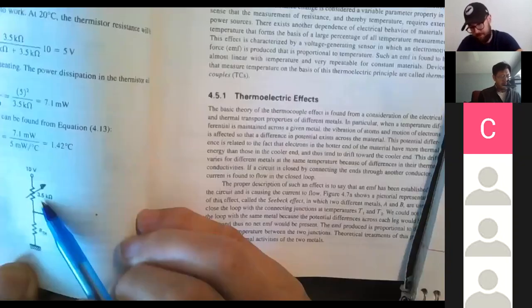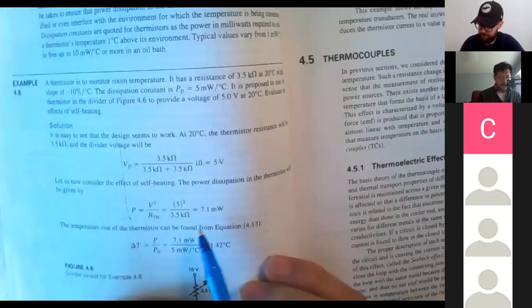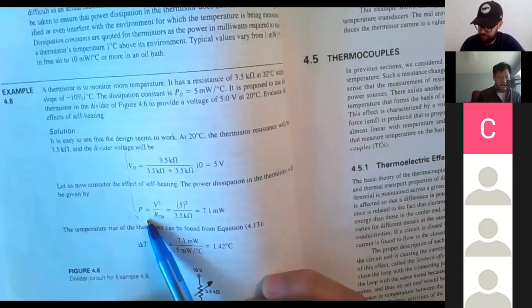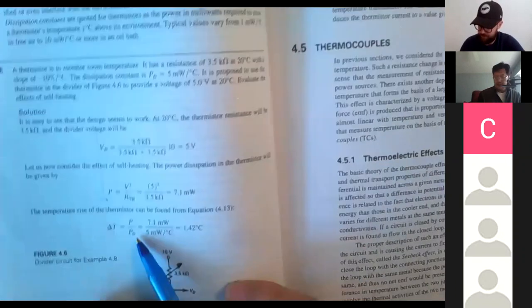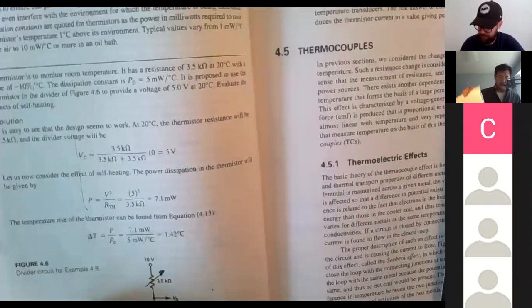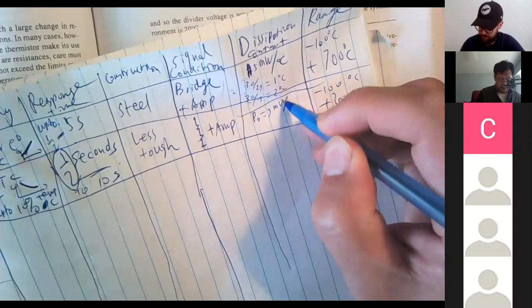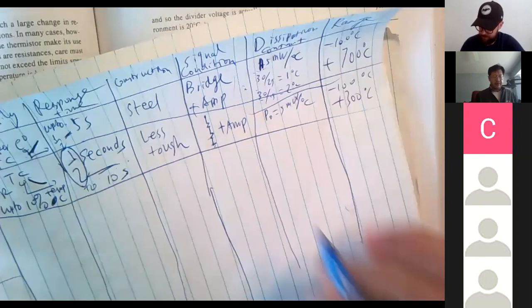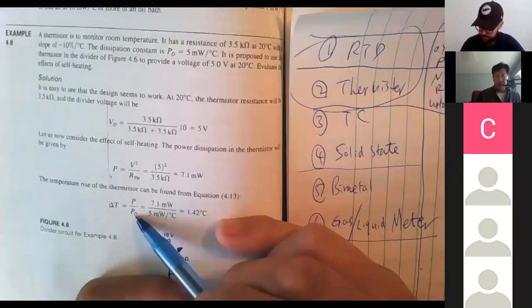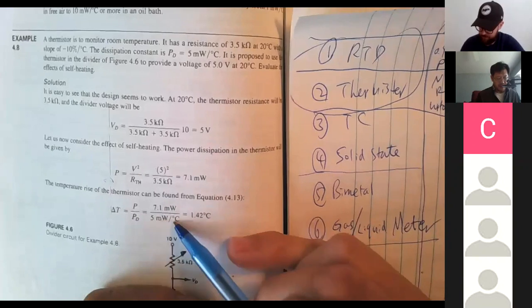What is PD? PD is the dissipation constant. Five milliwatts per degree. So that's PD. The dissipation constant is 5 milliwatts per degree.